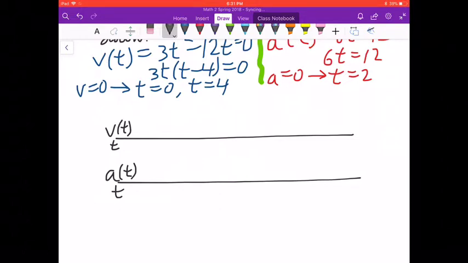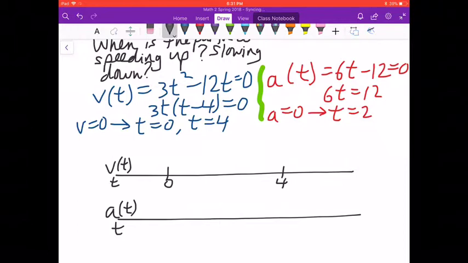Let's go ahead and put some markers on here. So we'll have 0 for our time. And we want to get over to 4, of course, because that's our other critical value for the velocity. And we're going to test the signs of the velocity, and we'll probably use our nice little factored form here because that one's really convenient to plug in values.